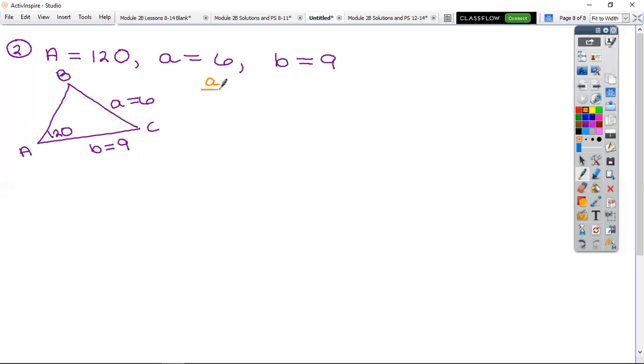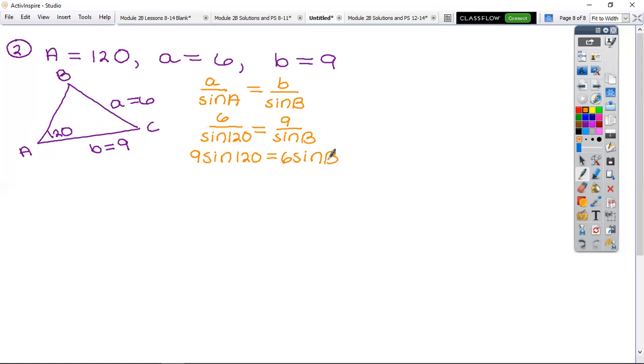We're going to go A over the sine of A must be equal to little b over the sine of b, and substitute in. So I have 6 over the sine of 120 degrees equal to 9 over the sine of b. Cross multiplying to get 9 sine 120 equal to 6 sine b.